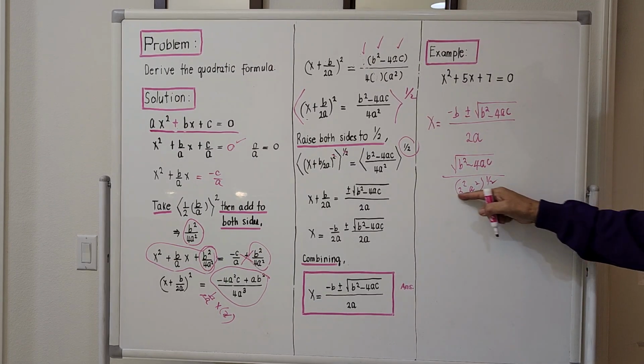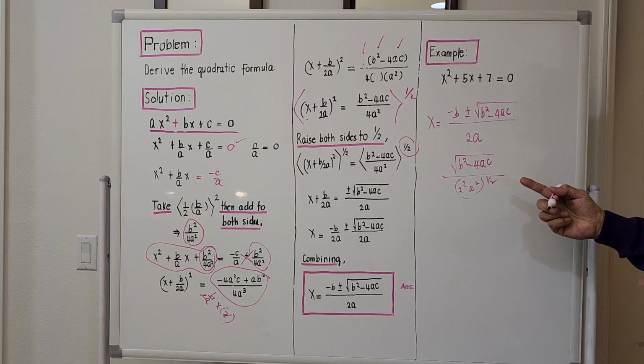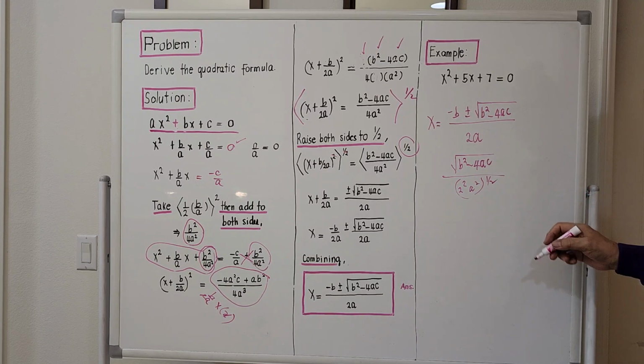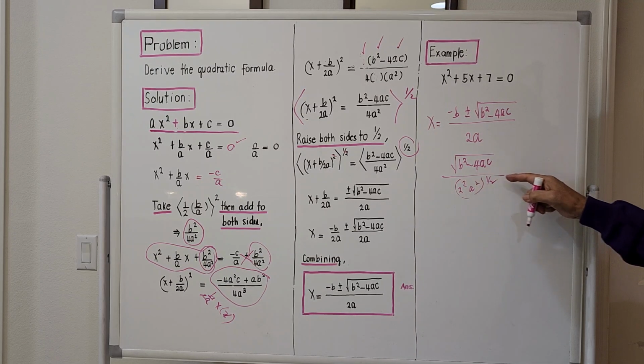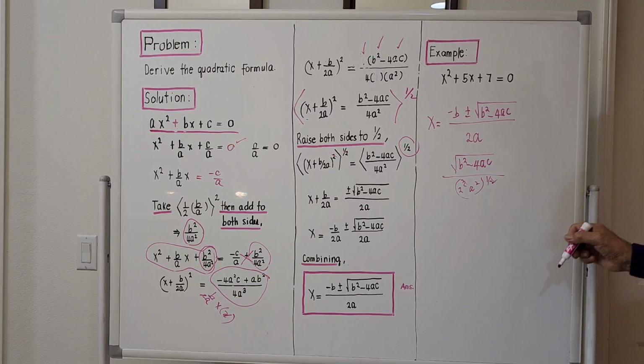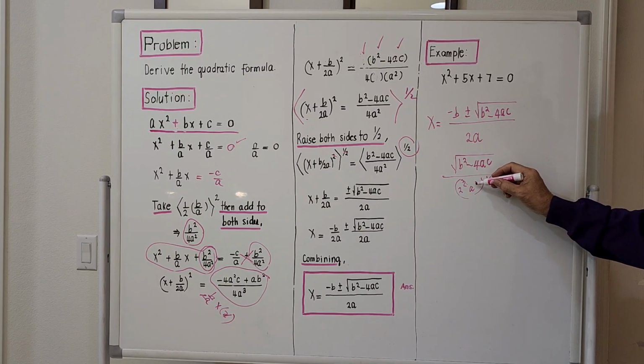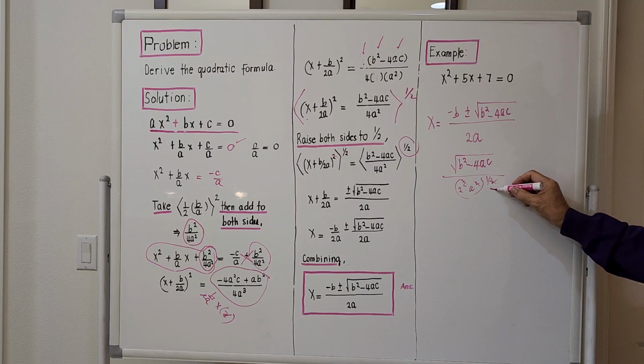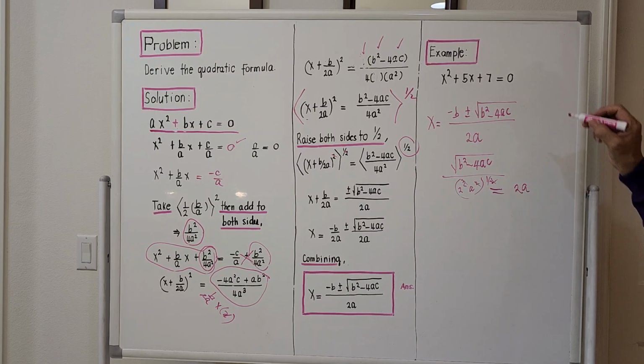Again, we simplify this using the laws of exponents. 2 squared raised to the 1/2, these cancel. a squared raised to the 1/2, these cancel. So what comes out is simply 2a.